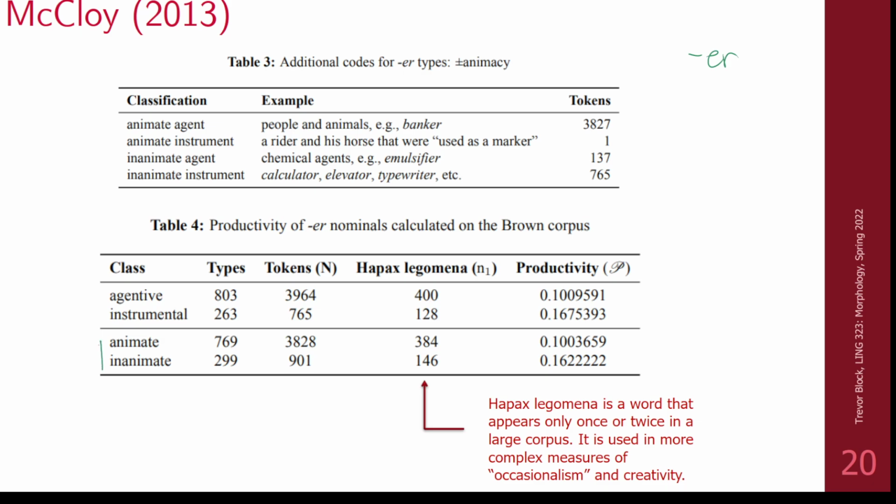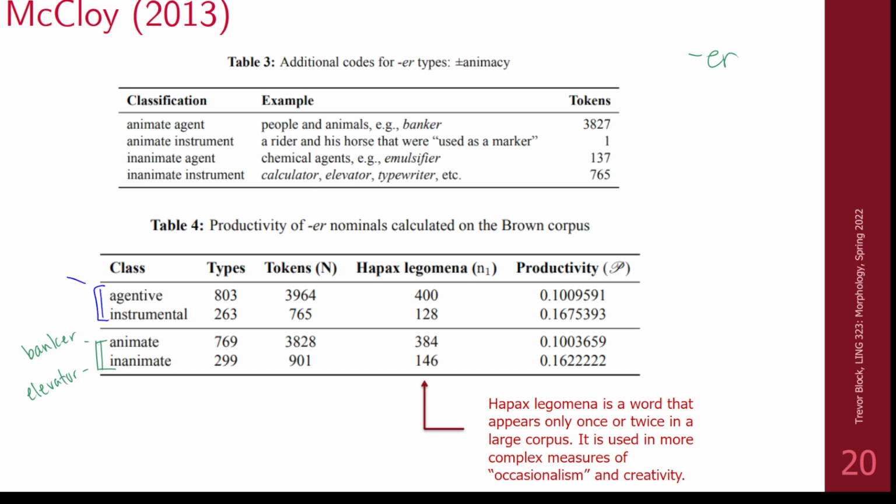So let's just take a look at table 4 here, just to see the different classes. So was the noun animate or inanimate? So in other words, something like a banker is animate, while something like an elevator is inanimate. And also compared agentive versus instrumental. So is something an action?